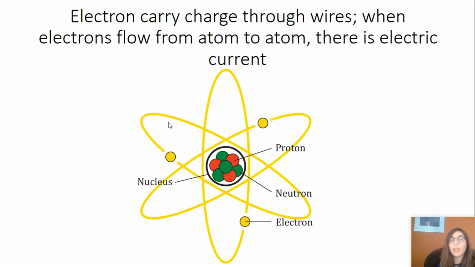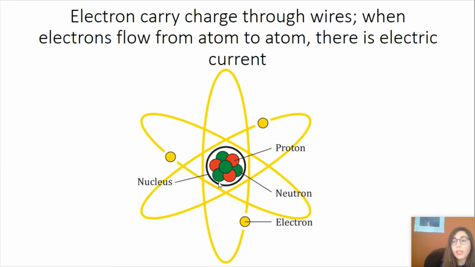If you remember from last semester, atoms make up everything. And atoms are made up of three types of particles. One of those particles is a proton, which has a positive charge and is in the center of the atom. A neutron, which has no charge and is also in the center of the atom. And then the electrons, which have a negative charge and are on the outside of the atom.